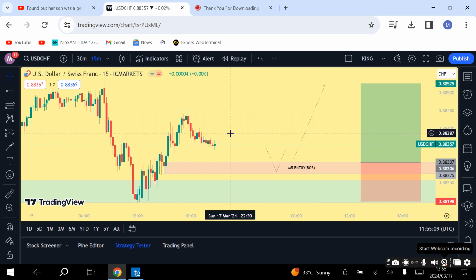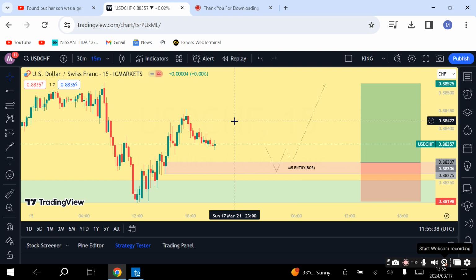I will go into details at some point about my M5 entry. But for now, just know that as soon as price gets here, I'm gonna be waiting for an entry. It will entirely depend on you as a trader how you will enter. Someone can just wait for a bullish engulfing candlestick on the M15 or M5, and then you go ahead and enter, right?